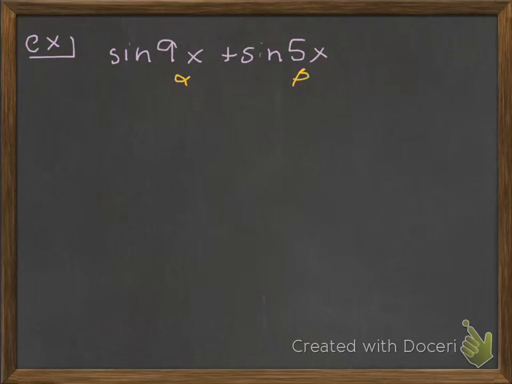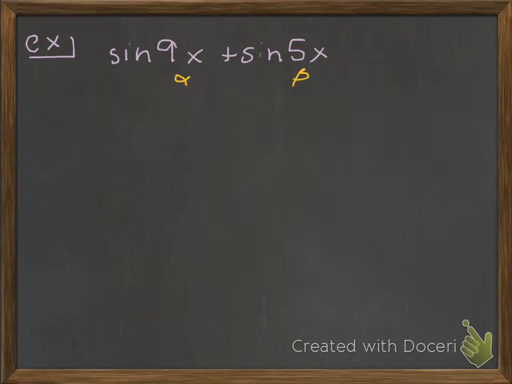So the directions say express each sum or difference as a product. Okay, and the problem looks like this. We have sine of 9x plus sine of 5x. So looking at those 4 formulas we wrote down, since I have 2 sine values and they're adding together, we're going to use the top formula. And this is my alpha, and this is my beta.